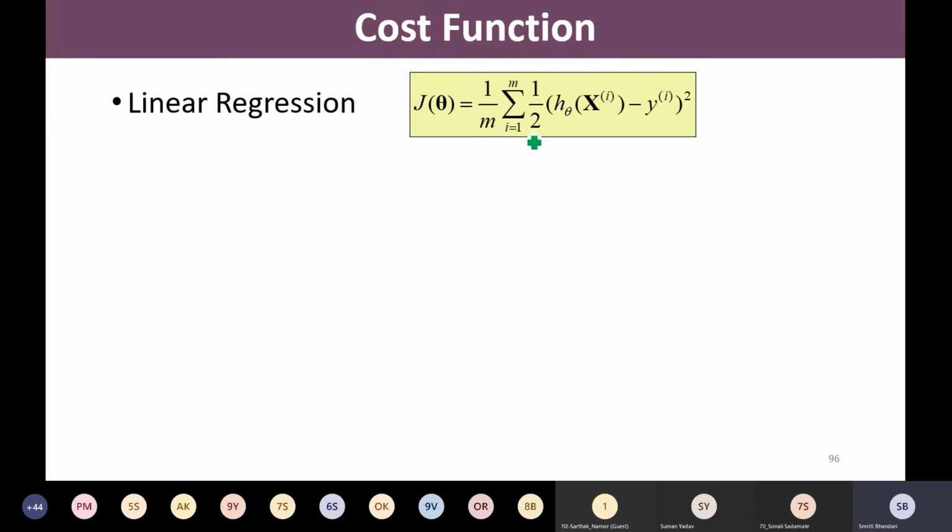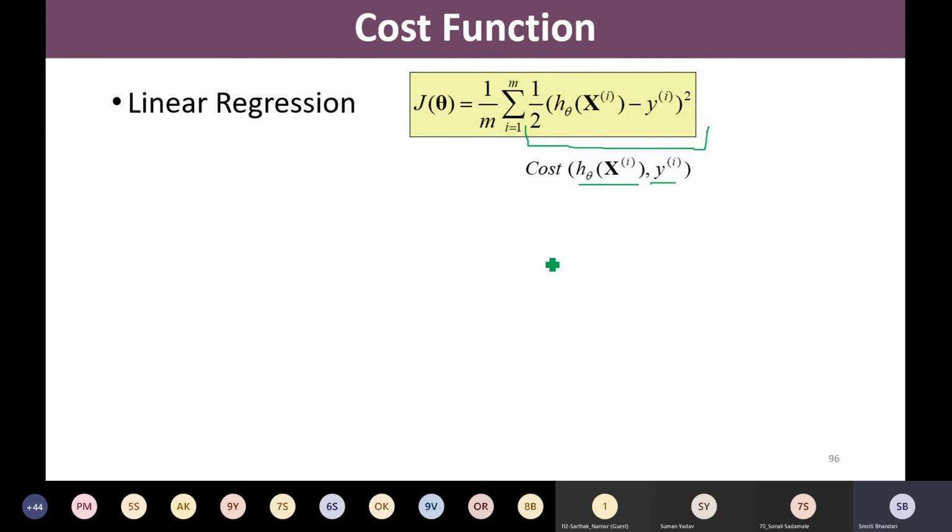Now, instead of having a cost function similar to that of linear regression, what we are going to do is, instead of this term in our linear regression, we say that the cost in logistic regression is defined as cost of h theta xi comma yi. So h theta xi is my prediction and yi is my actual label.